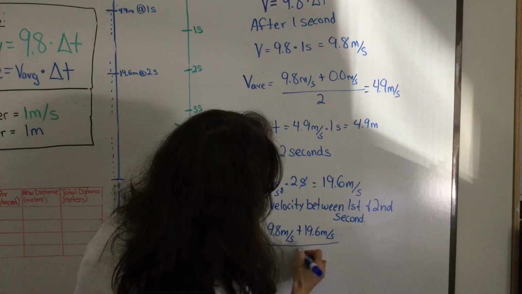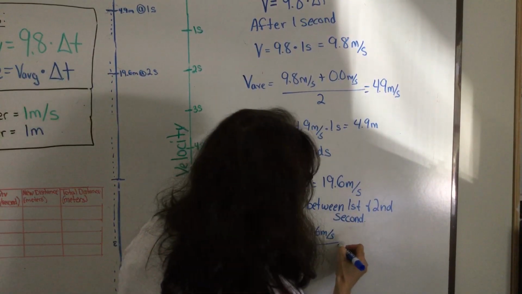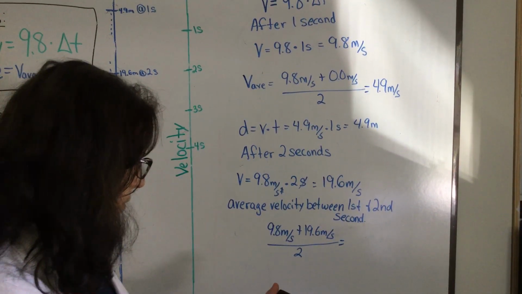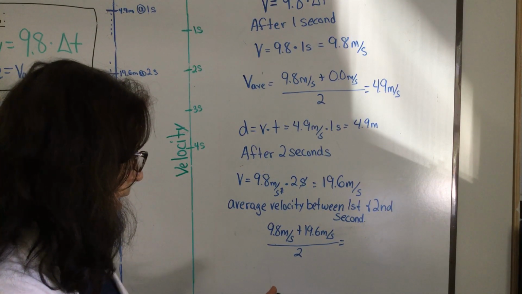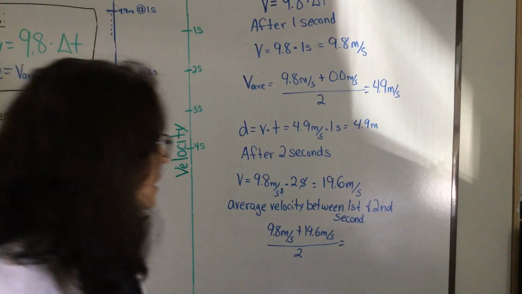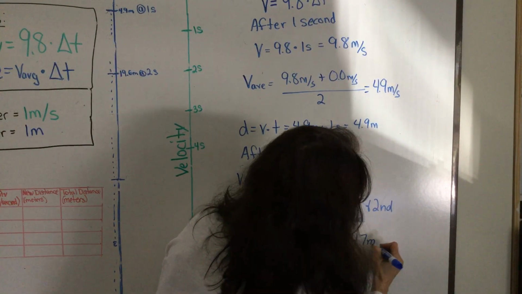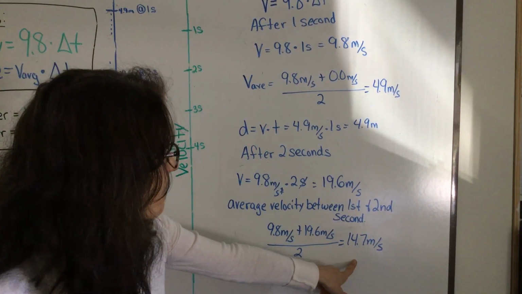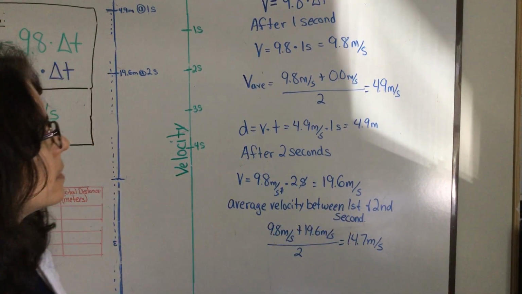We're going to average those. I believe when you average them, it should be 14.7. I'm going to do it real quick. 19.6 plus 9.8 divided by 2 gives me 14.7 meters per second. That's the average velocity between seconds 1 and 2.